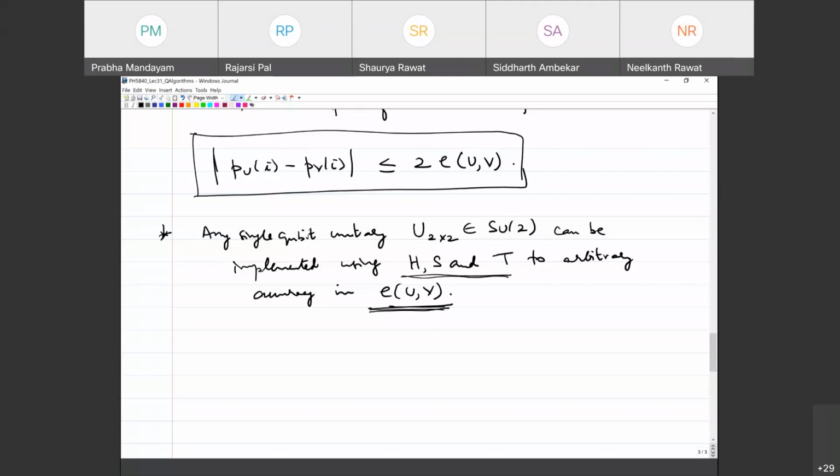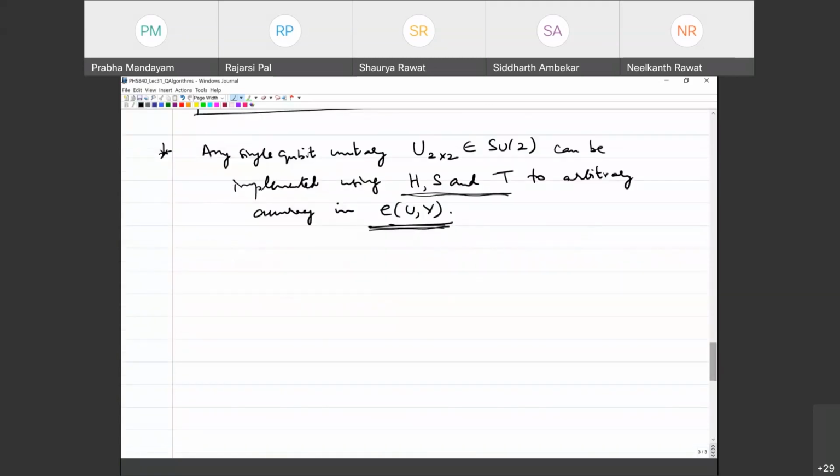Okay, so this is pretty much what I wanted to say about universality and approximating unitaries, exact universality, etc. I hope these ideas are clear. I will have a couple of problems based on this in the assignment, which should clarify some of these things better. But I don't want to get into more detailed arguments, there's a lot of nice math and algebra around here. I want to mention one thing though, that this last statement can be made more precise by what is called the Solovay-Kitaev theorem.